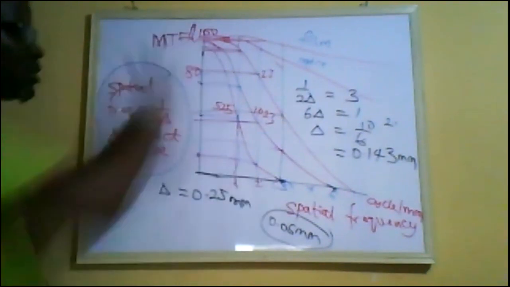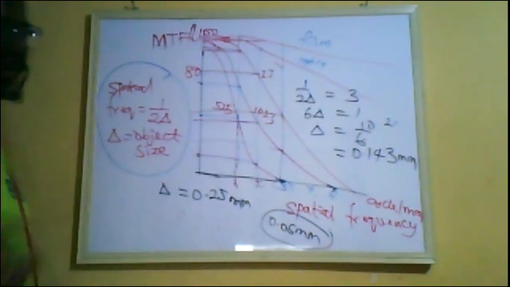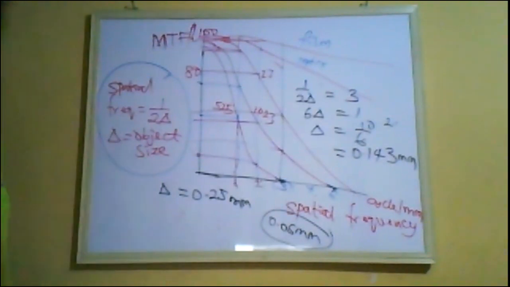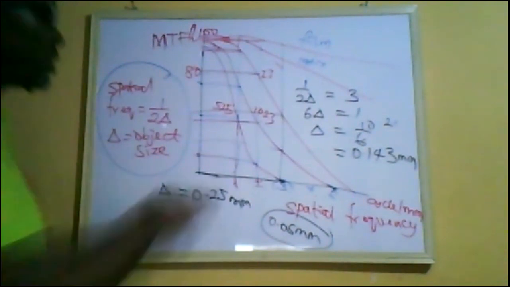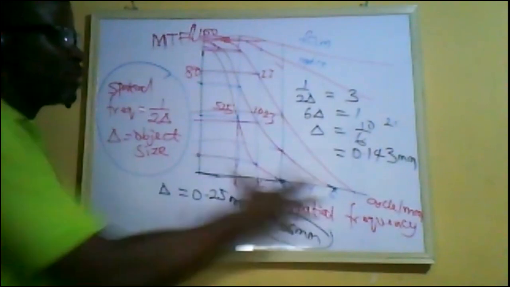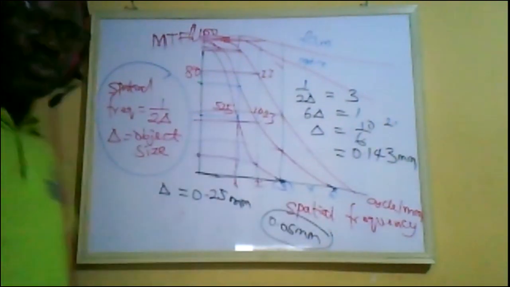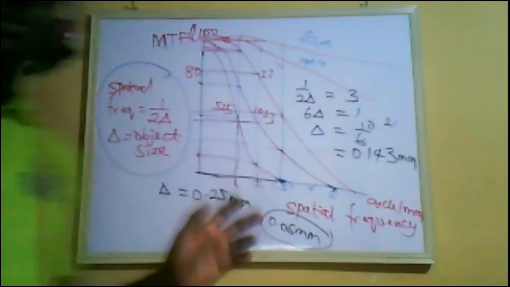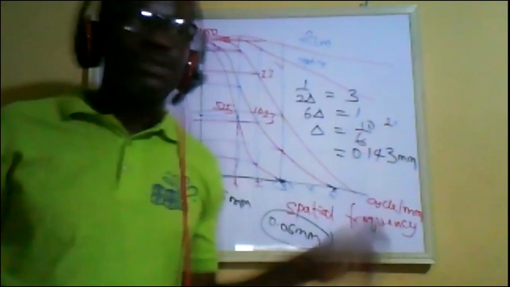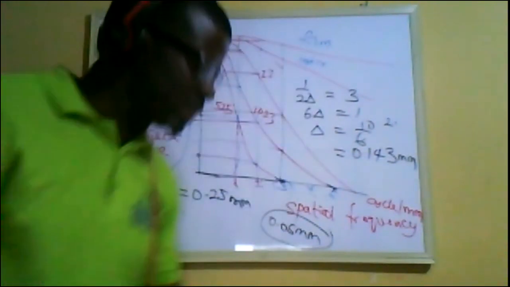The MTF is just the modulation transfer function, which helps us quantify the spatial resolution of a machine, of an imaging system. As the object becomes smaller and smaller, the spatial resolution continues to reduce until it gets to a particular value where that system wouldn't be able to resolve it again. It can just disappear; we wouldn't be able to see it again.